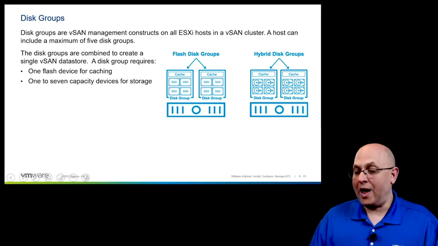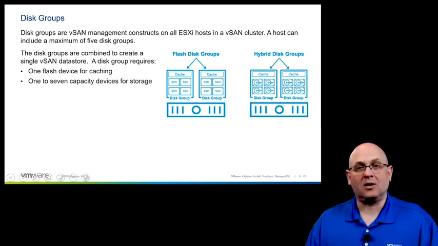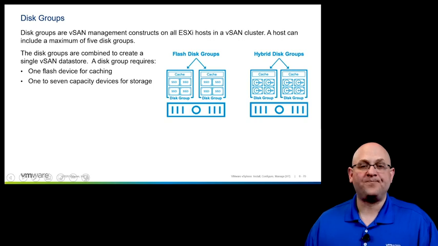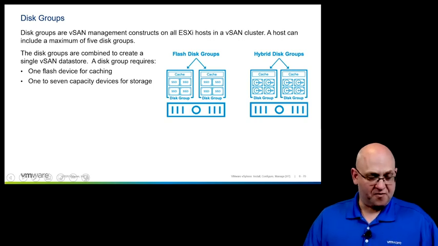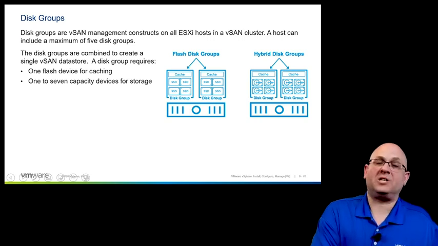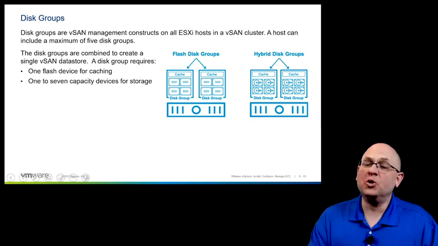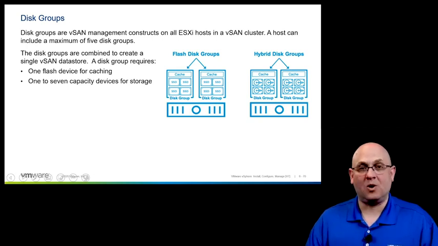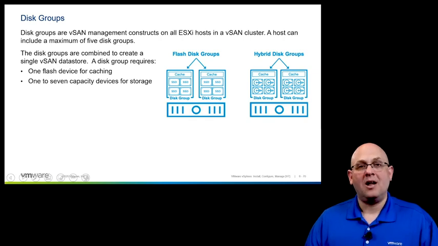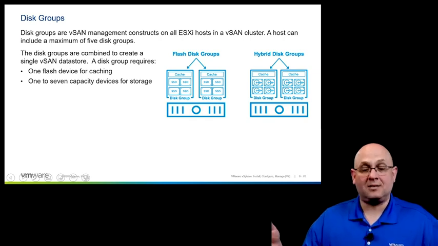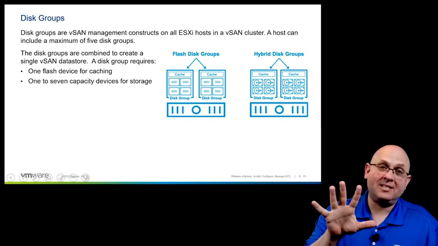Now you can create an ESXi cluster with up to 64 ESXi hosts. So imagine your VMFS or NFS data store, which has a maximum size of 64 terabytes. Well, not true with a vSAN data store. A vSAN data store can contain, like I said, up to a total of 40 disks across 5 disk groups.